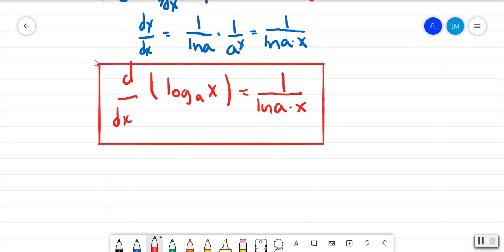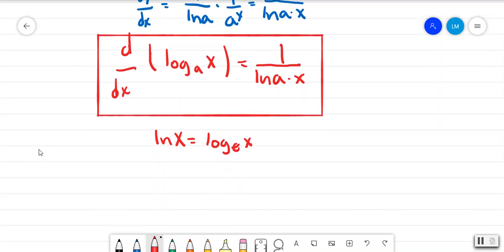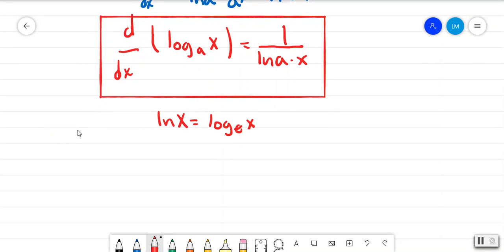Okay, so that gives us the derivative of that function. Now, one thing that you'll note is that ln of x is the same thing as log base e of x. And if we have ln of e, that's actually equal to 1.